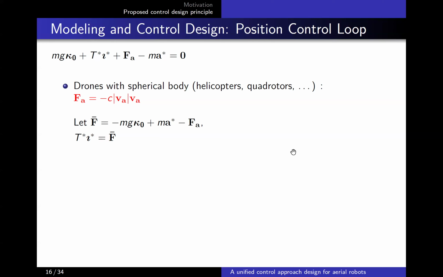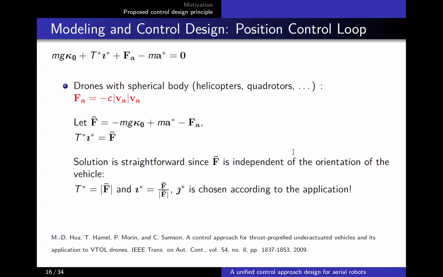Now, this is just a polar decomposition of F bar. This polar structure means that I can find the T star, which is just the norm of F bar, and the direction I star that I would like to stabilize should be just F bar over the norm of F bar. And this F bar doesn't depend on orientation because it is just the gravity, A star, which depends on the error between translation velocity and nothing more, and FA, which is just a drag, okay, and nothing else.